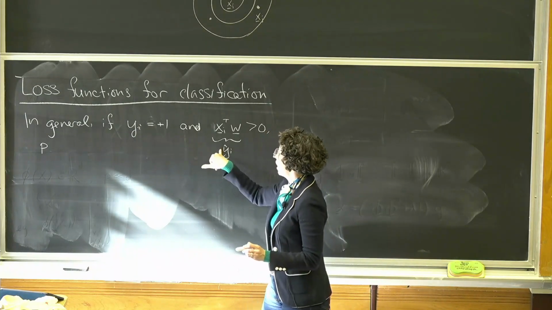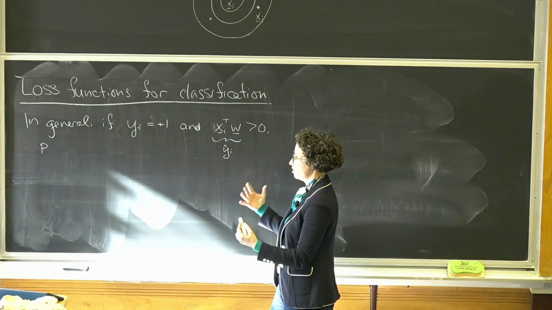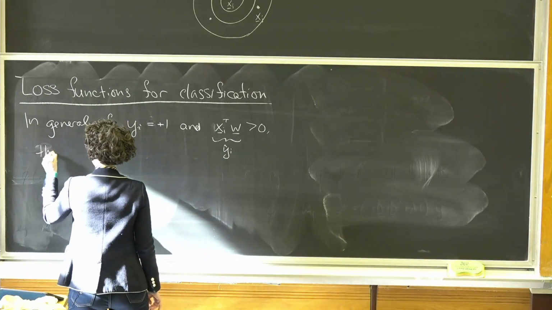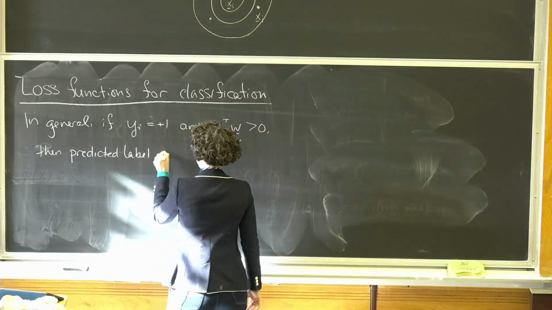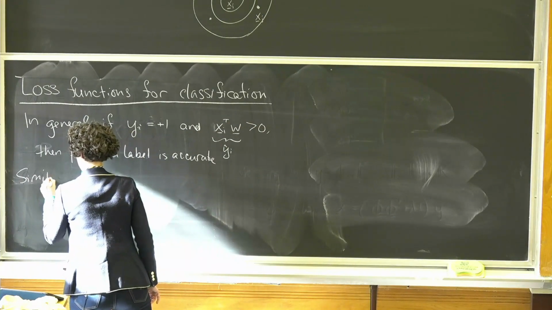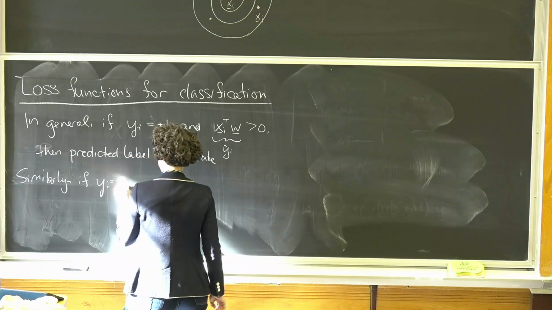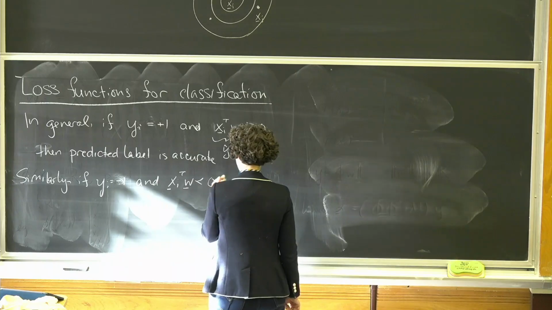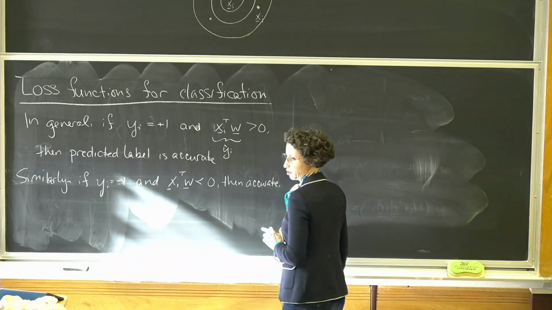And when they have the same sign, it means that we are putting this sample on the correct side of the decision boundary. So the predicted label is accurate. And similarly, if yi is -1 and xi transpose w is less than 0, then we're accurate. We've made an accurate prediction.